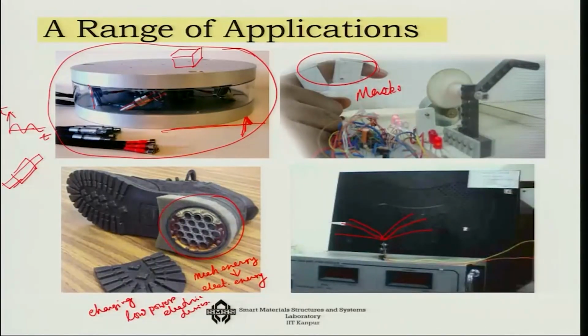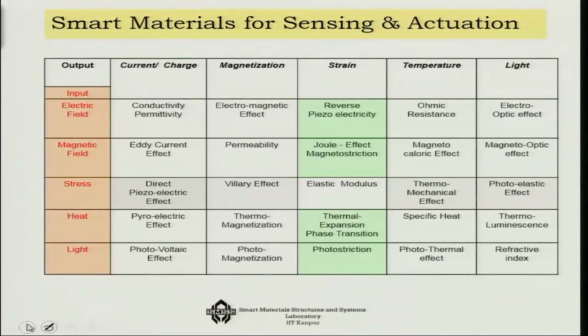Whatever the master finger does, the smart sensors here map that, and then the slave finger copies it. In the future you can use this for applications like telesurgery, where the master finger far away can do something and the slave finger copies that movement.